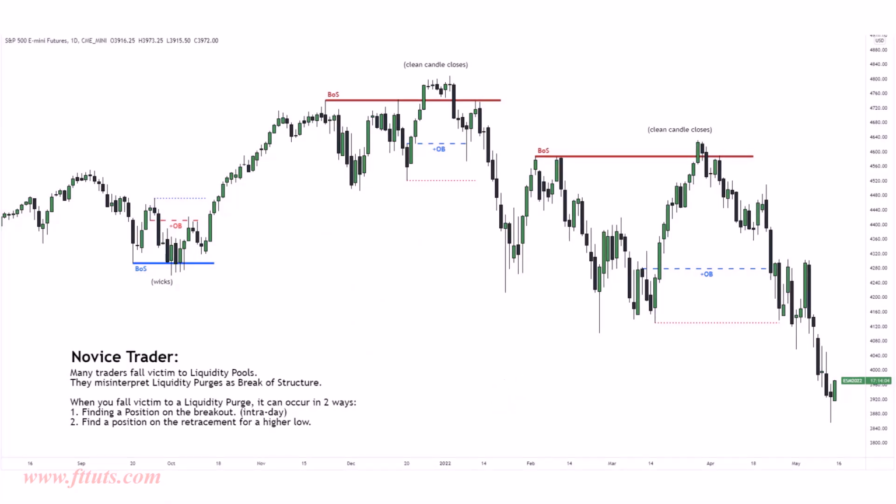Something like this: you have a high here and a high. Price closes cleanly above these highs, and people would consider that a market structure break with a clean candle close. So they start looking for buys and an order block, but that order block doesn't hold and just completely reverses in their faces.